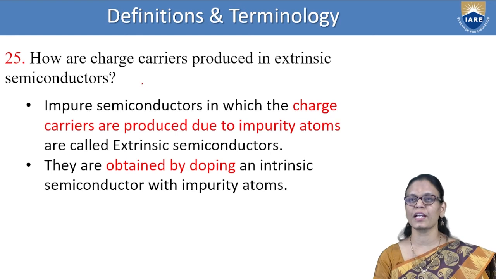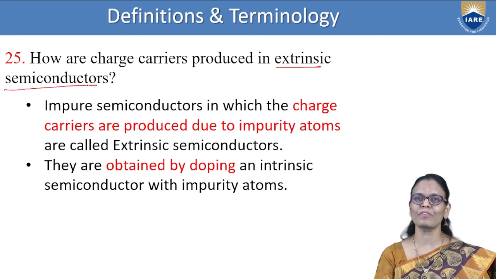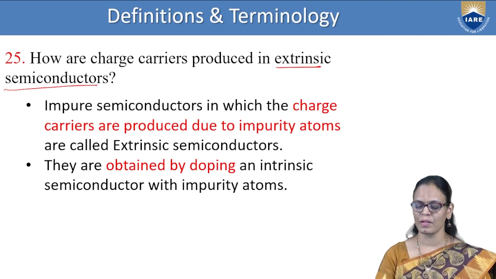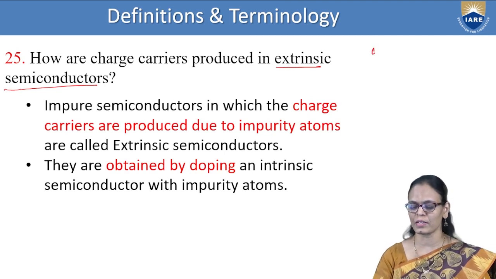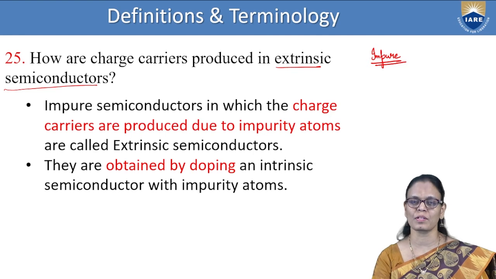Now, how are the charge carriers produced in extrinsic semiconductors? Till now we have seen intrinsic semiconductors. So, what are extrinsic semiconductors? They are impure semiconductors. How do we make them impure? By adding an impurity. What is an impurity? An element which is not from the same substance.